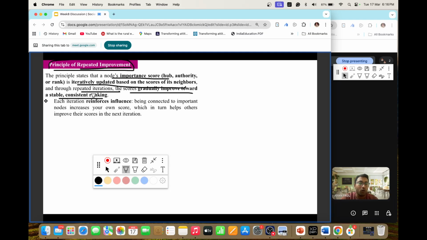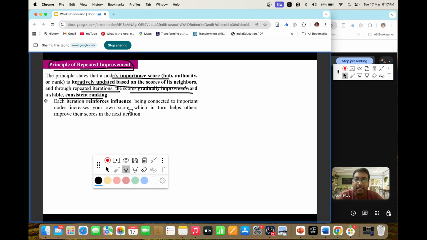In very simple terms, hubs as well as authorities have some importance, and we will see iteratively how their importance grows in a network. A time will come when, due to this principle of repeated improvement, the rank gradually improves towards a stable or consistent ranking. So that is known as the principle of repeated improvement.